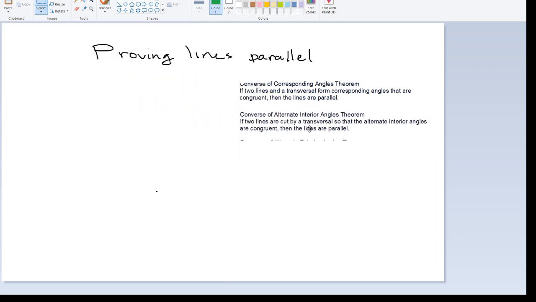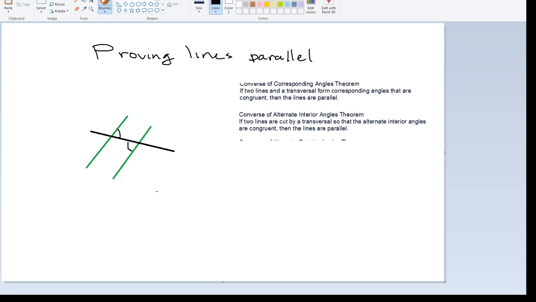The converse of the alternate interior angles theorem states if two lines are cut by a transversal so that the alternate interior angles are congruent, then the lines are parallel. So once again, if I have two lines and a transversal, and I know that the alternate interior angles are the same, then we can say that those two green lines are parallel.